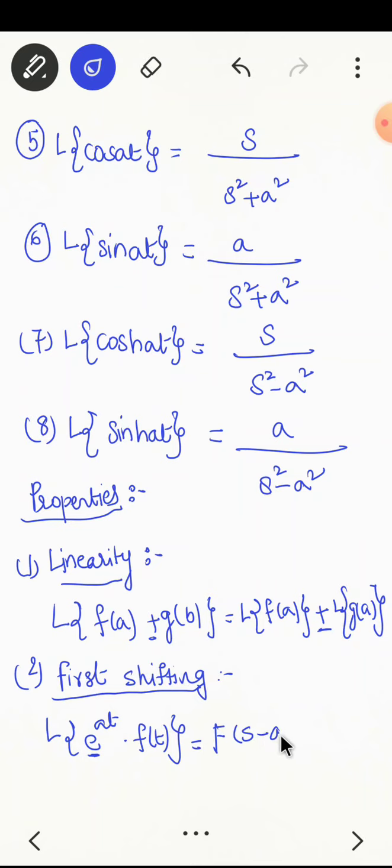That means first find the Laplace of the function, and wherever s is there keep s minus a. Then one more formula: e power minus at f of t can be written as F of s plus a. Wherever s is there, we will keep plus a.